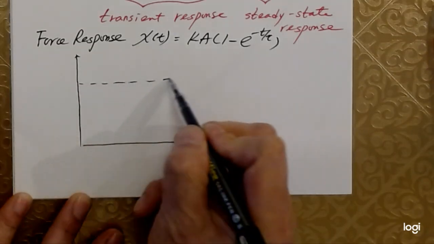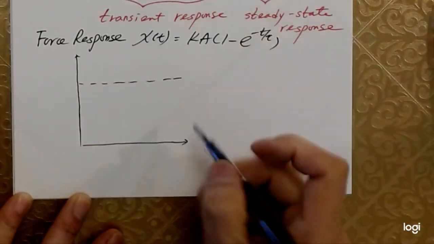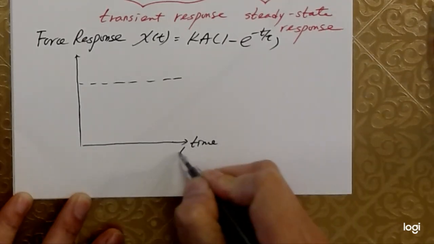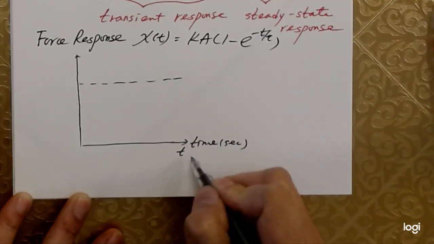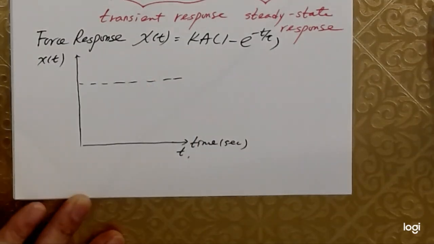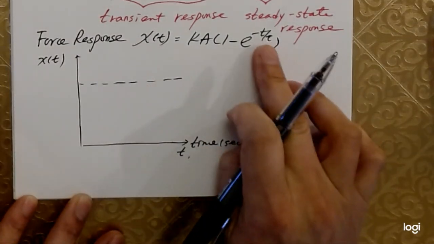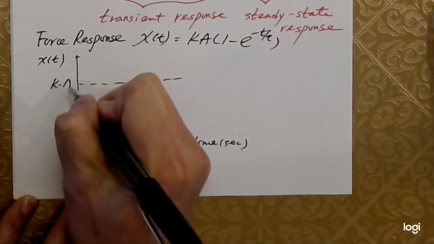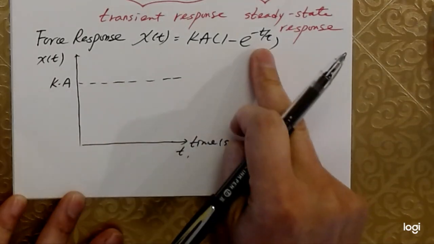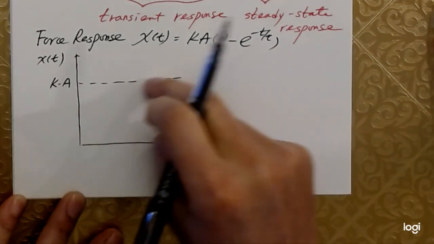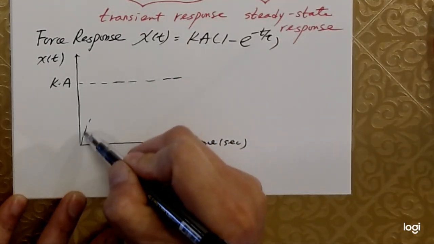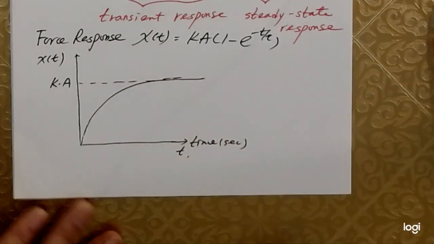What happens when time goes to infinity? This is time t in seconds, and this is s of t. When time goes to infinity, this term goes away and this is K times A. So it goes from 0 slowly, exponentially increasing to a steady state value.